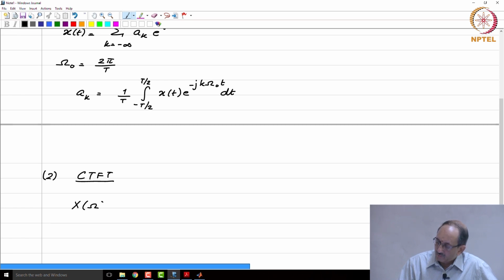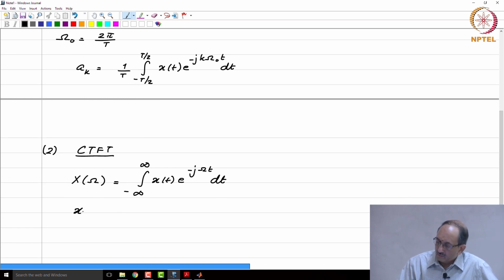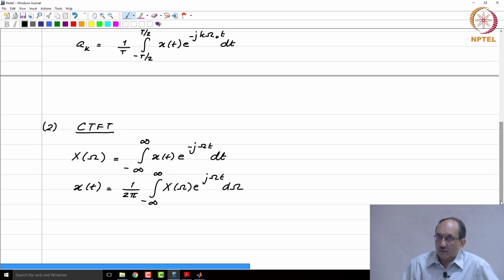There the continuous time Fourier transform X of omega was given by integral from minus infinity to plus infinity of x of t e^{-j omega t} dt, and x of t is 1 over 2 pi integral from minus infinity to plus infinity of X of omega e^{j omega t} d omega. These are the forward and inverse transform expressions.